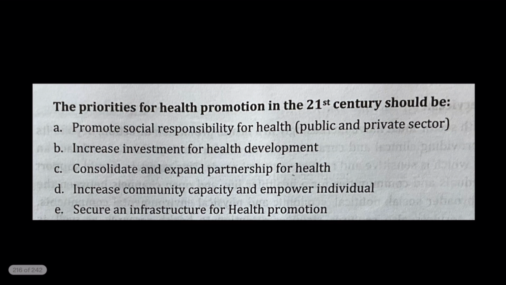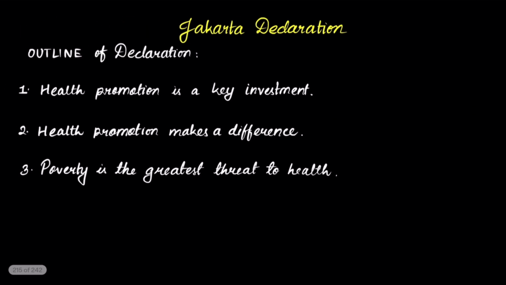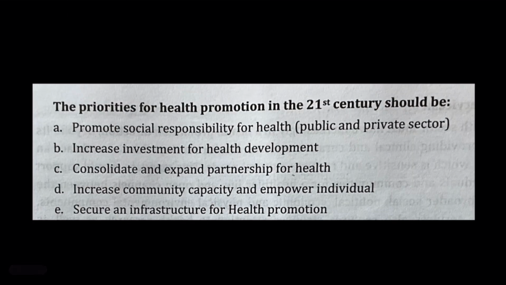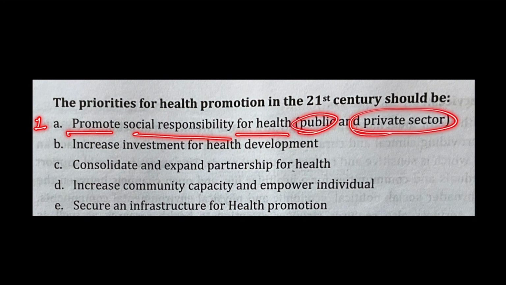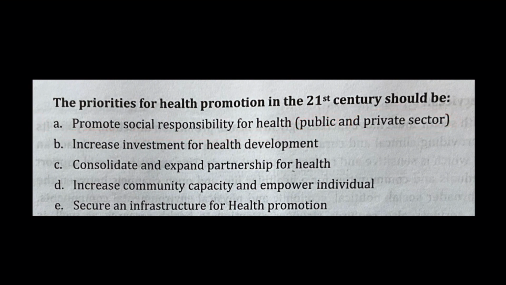The declaration set priorities for health promotion, and there are altogether five priorities. Priority number 1: promote social responsibility for health, public and private sector. Basically, the public and private sector should also be responsible for the promotion of health.